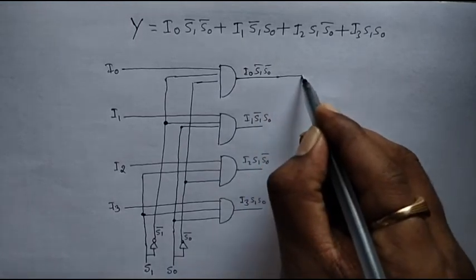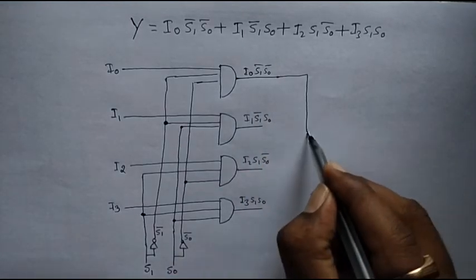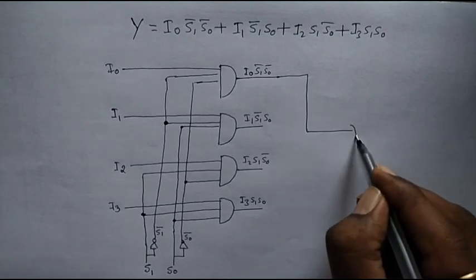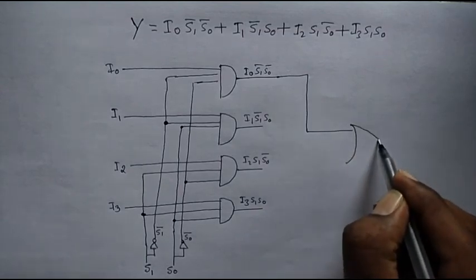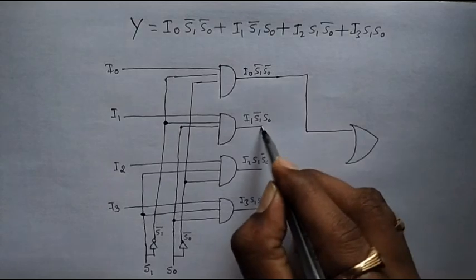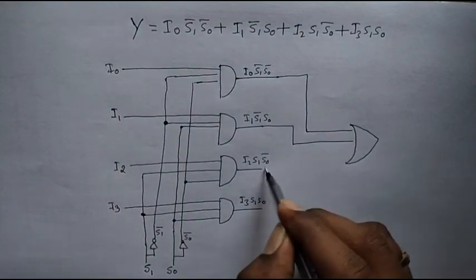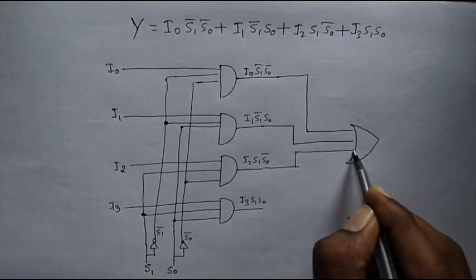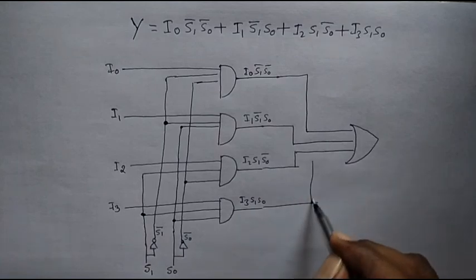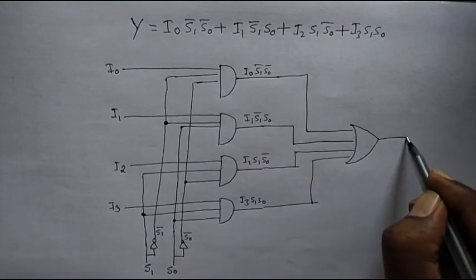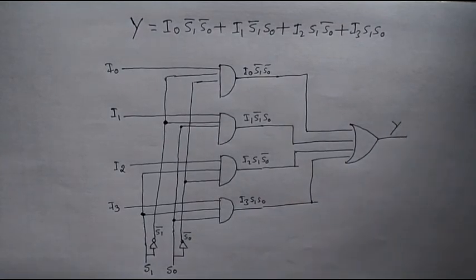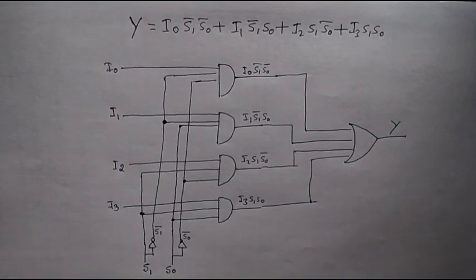So the output of these all will go to the 4 input OR gate. So the output of this is Y. This is the complete circuit diagram for 4 to 1 mux or multiplexer.